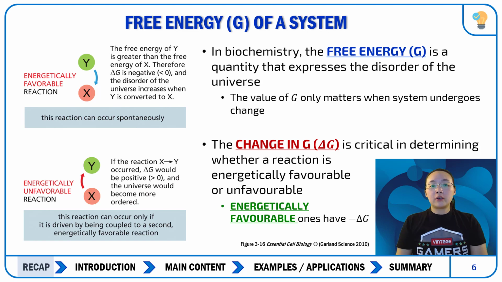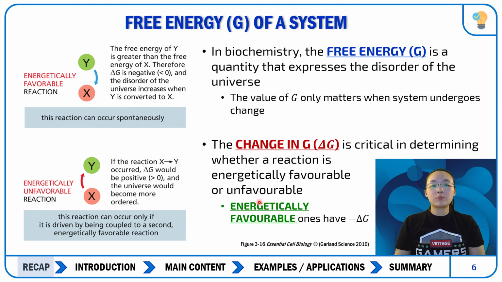We then took a look at the free energy G of a system. In the past we were kind of iffy about whether free energy was Helmholtz free energy or Gibbs free energy. In this case we're looking at G, Gibbs free energy, for most of these reactions. In biochemistry, the free energy is a quantity that expresses the disorder of the universe, and the change in G is going to be critical in determining whether a reaction is energetically favorable or unfavorable.